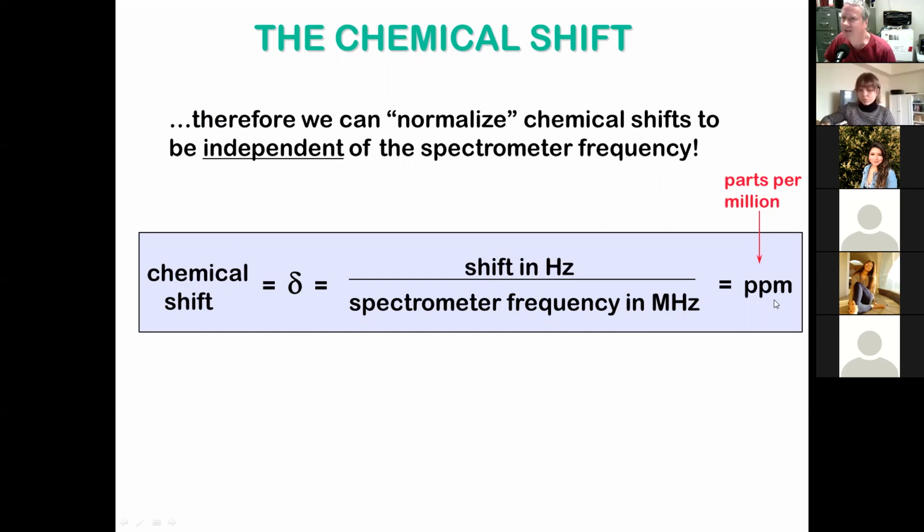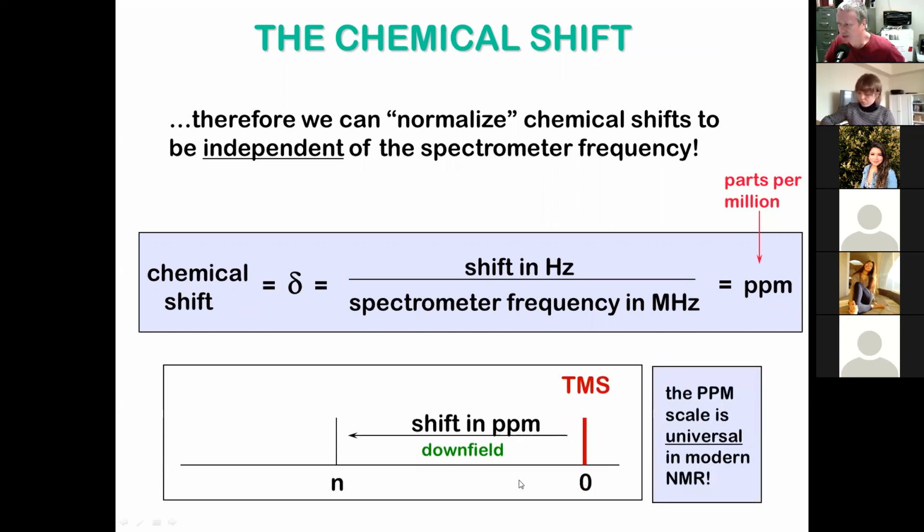This is super cool because it's universal. Every NMR in the universe has the same scale once you do this. The shift in ppm is universal in modern NMRs, and that simplifies things. We like simple stuff.